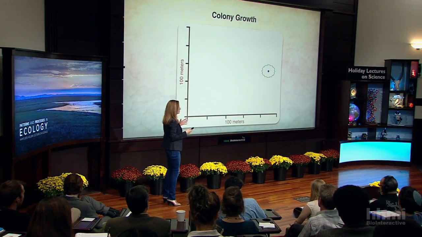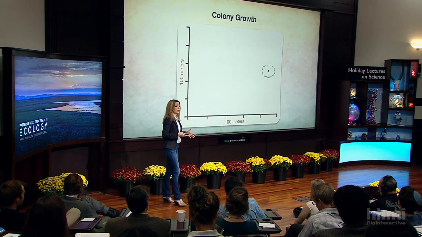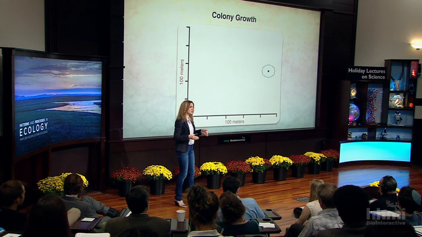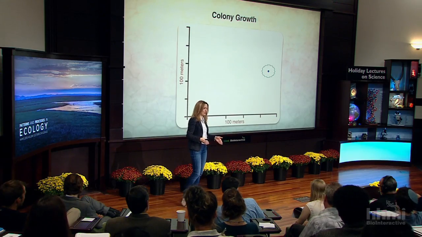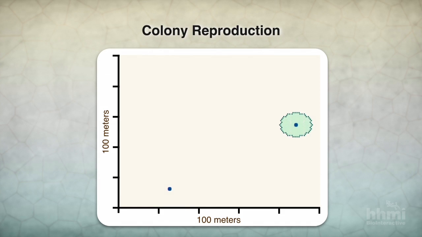Once they reach a certain size, they're going to start reproducing. So not only do they create these workers inside the colony that need to go out and forage, but they also want to start new colonies. They want to pass on these colony-making genes in some sort, and go out and start baby colonies elsewhere. So at some point, you're going to see colony reproduction.